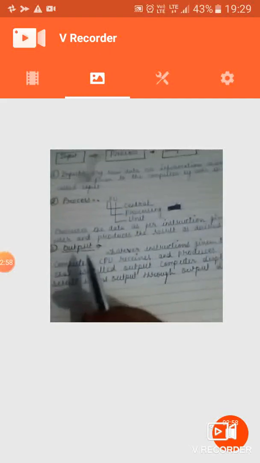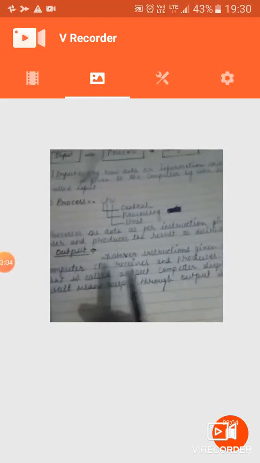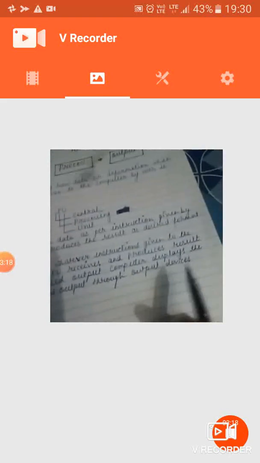Now the third step is output. Whatever instruction is given to the computer, the CPU receives it and produces a result. That is called output. The computer displays the result, meaning output, through an output device like a monitor.